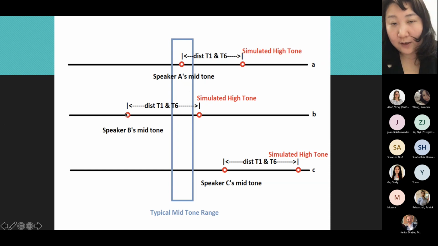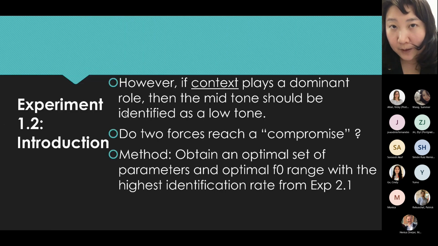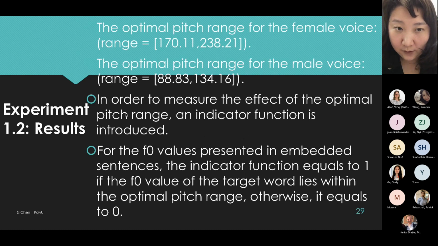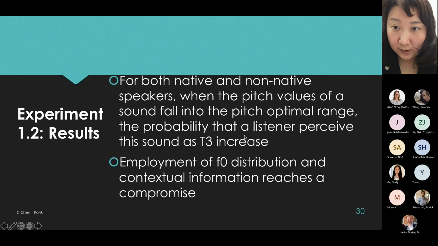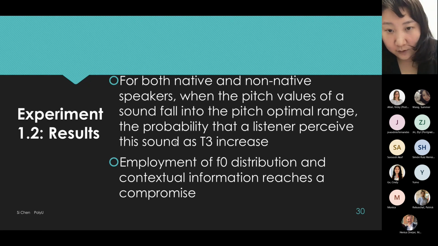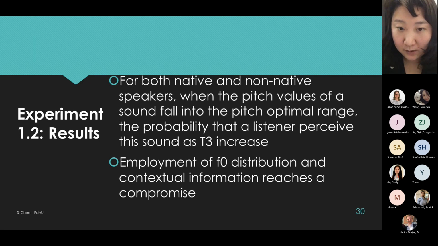So we can test whether the indicator function is significant or not. Then we would know whether speakers are still using their parametric mental representations in perceiving these tones. So interestingly, of course, when the sounds fall within the typical mid-tone range, it's more likely that the speaker would think of it as a mid-tone.